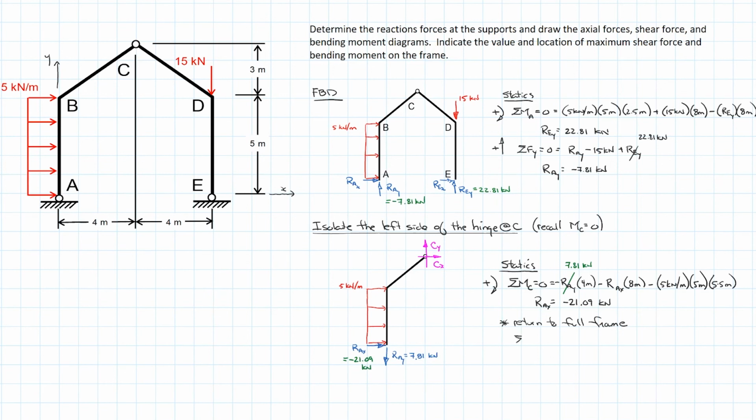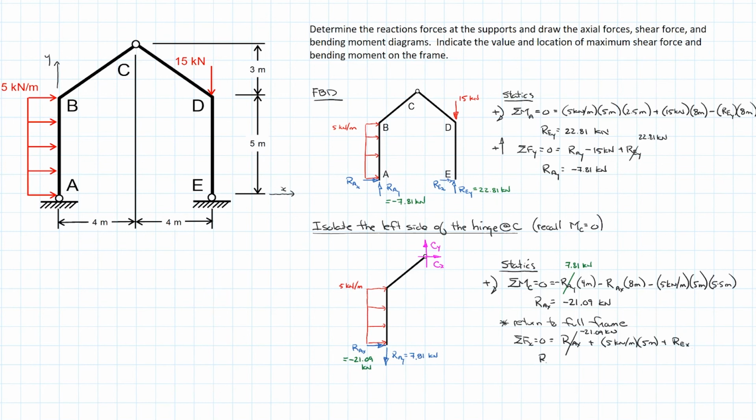So sum of the forces in the X direction equals 0, and that's equal to RAX, which we know is negative 21.09 kilonewtons, plus 5 kilonewtons per meter applied over the 5 meters of length, plus REX.